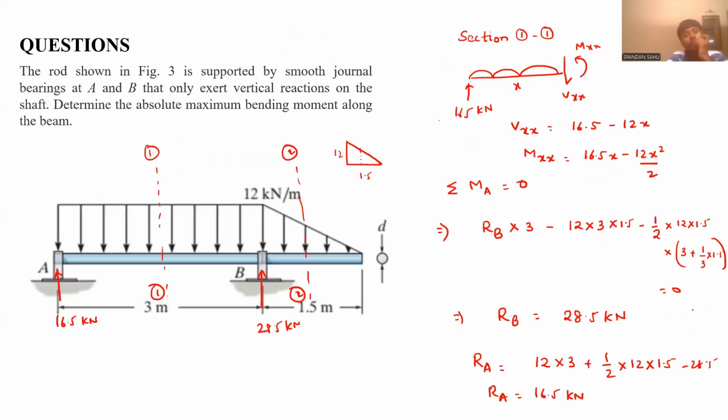Okay. Similarly, when you substitute at x equal to 0, you will get 0, and x equal to 3 meter, what you will get? 16.5 into 3 minus 12 by 2, or 6 into 3 square. Minus 4.5 kilonewton meter.